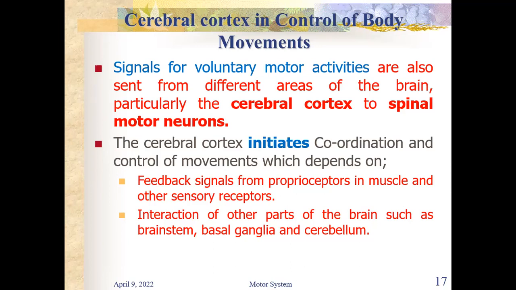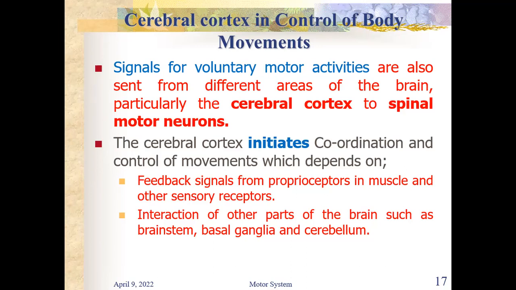So I want to add there that the central nervous system, apart from transmitting motor commands, transmits these motor commands in response to sensory information. That is why we said the cerebral cortex carries out decisions made in response to sensory information.